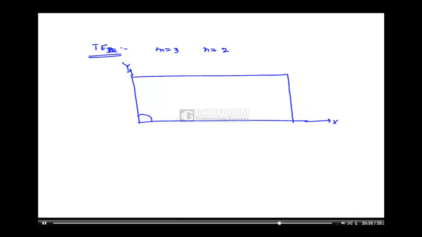Start from the corners. This is 1/4, this is another 1/4, so total 1 half cycle. This is another half cycle 2, this is another half cycle 3. So total 3 half cycles along the x-axis.